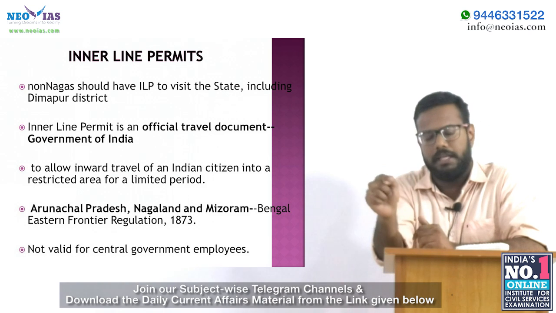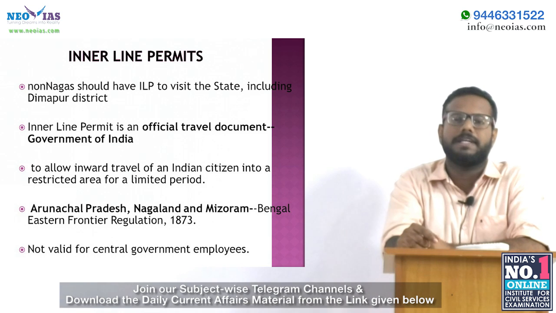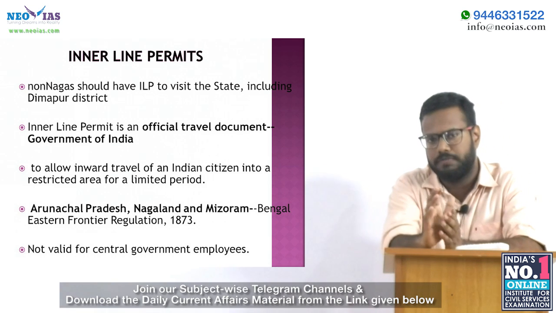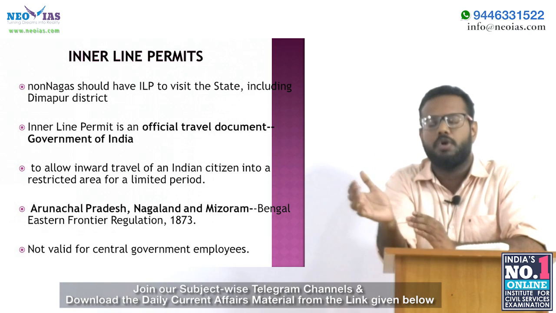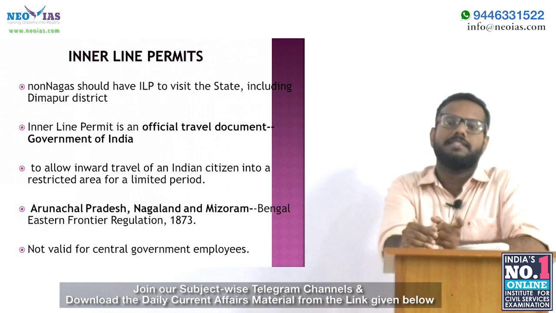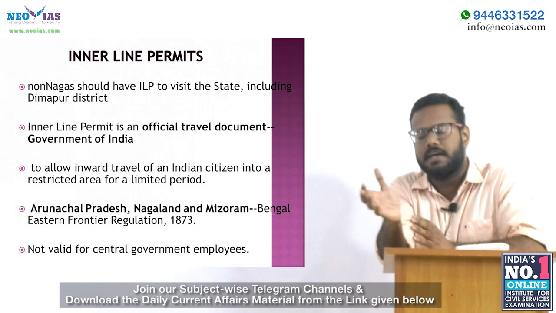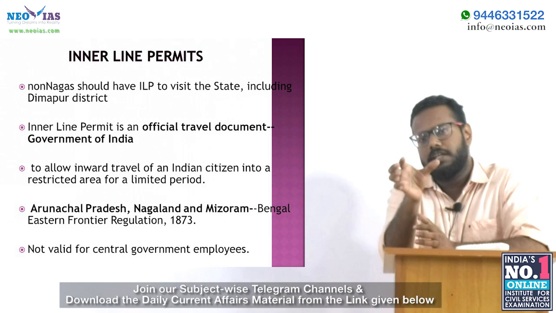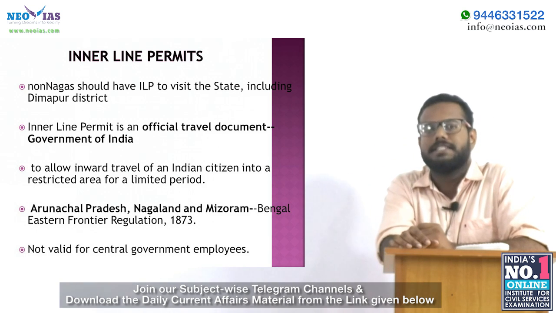If a person wants to go to protected places such as Arunachal Pradesh, Nagaland and Mizoram, and you are from any other state, you have to take a permit called the Inner Line Permit. I am just saying visa as an example; it is not a visa but a permit. A person who possesses that permit can enter these 3 states.